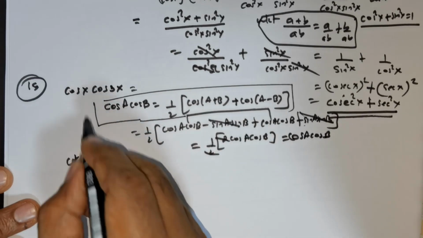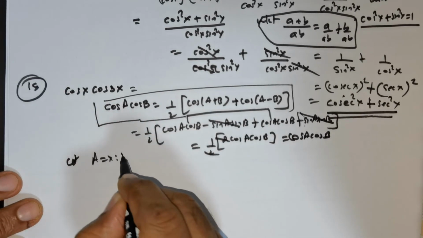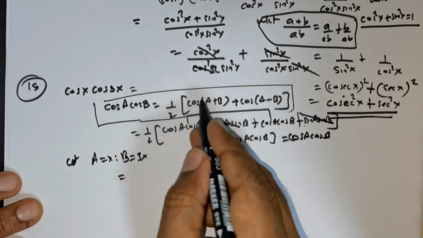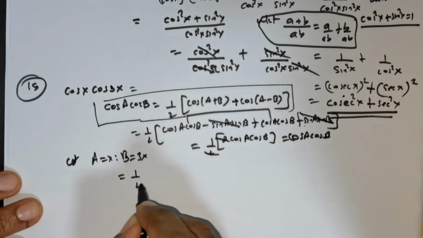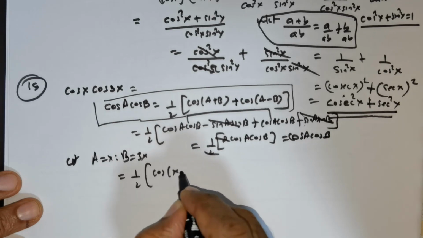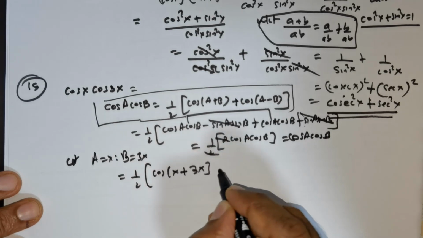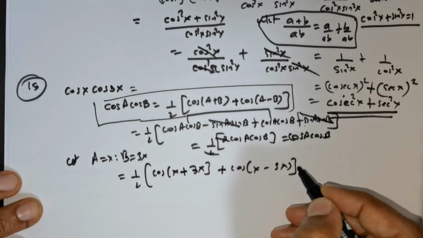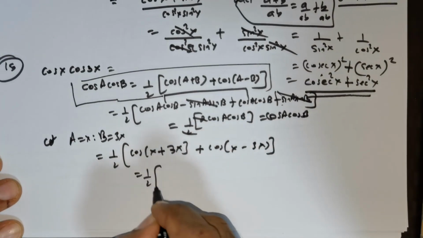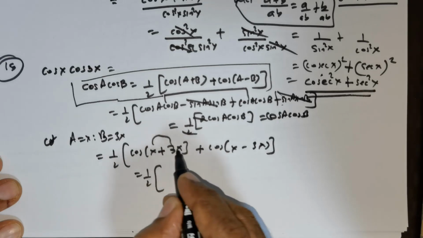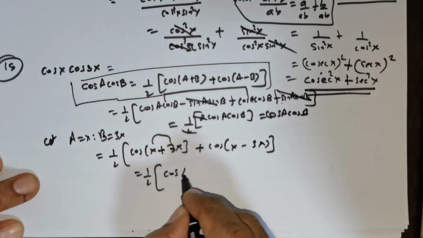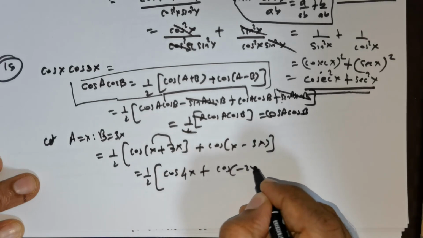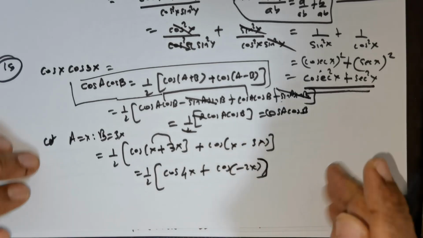Now taking A to be equal to x and B to be equal to 3x, this right hand side can be rewritten as 1 over 2 [cos of x + 3x] + cos of x - 3x. This is equal to 1 over 2 times x added with 3x gives me 4x, cos of 4x, cos of x - 3x gives me -2x, right?